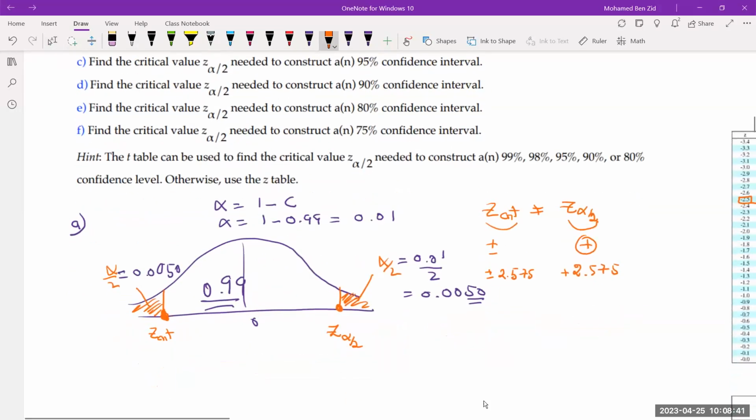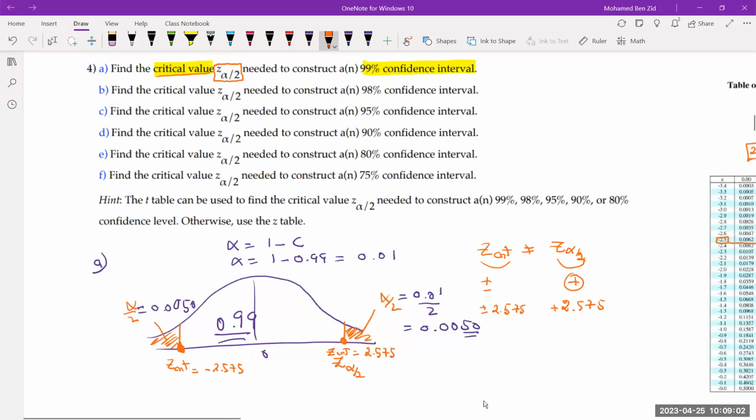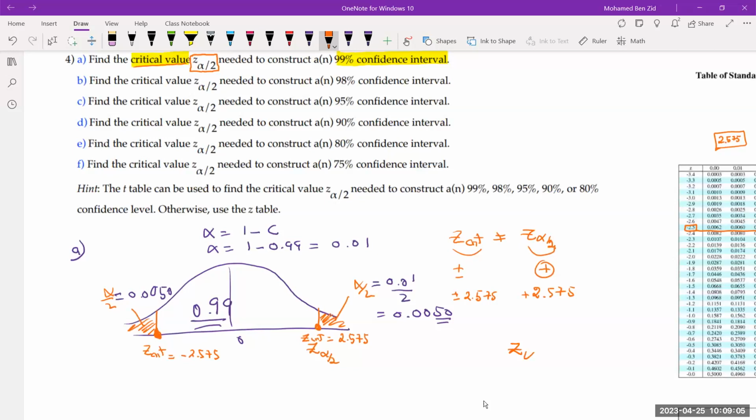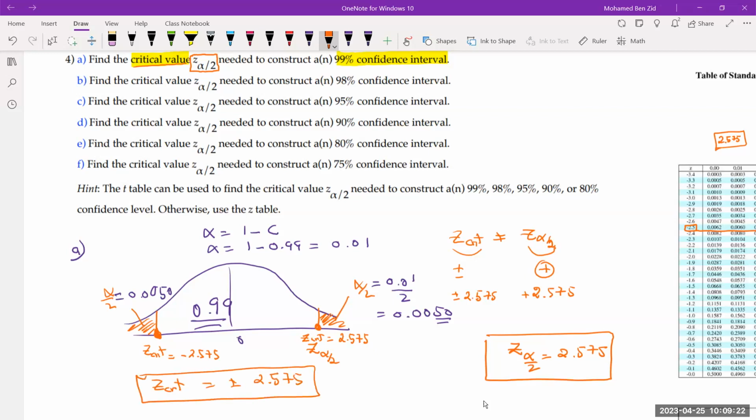The reason why, for the critical value, Z critical here, is that on the right side you're going to be positive, and on the left side you're going to be negative. Now, again, this is mixed up in the question because they put both notations. But if you are looking for Z alpha over 2, this is going to be 2.575. That's the final answer. If you are looking for Z critical, it's going to be plus or minus 2.575. And I hope this is clear, right?